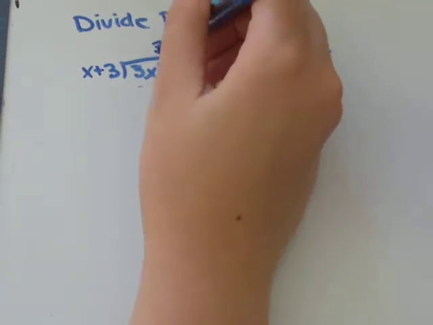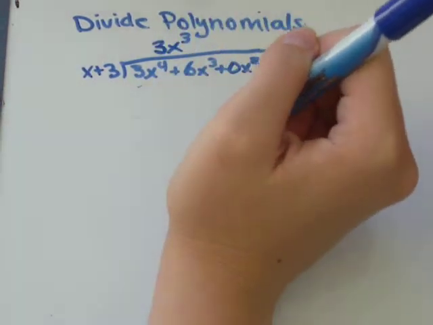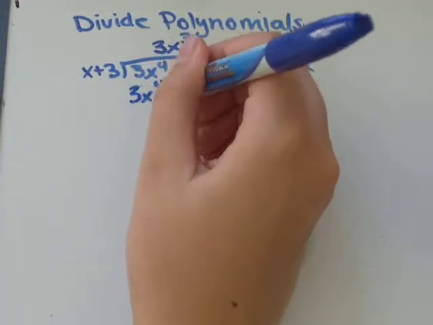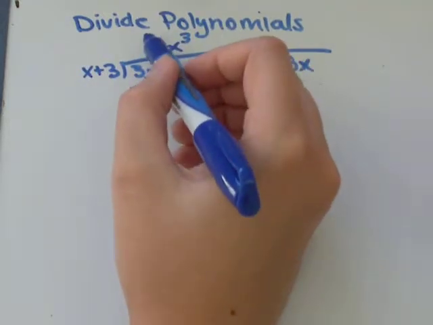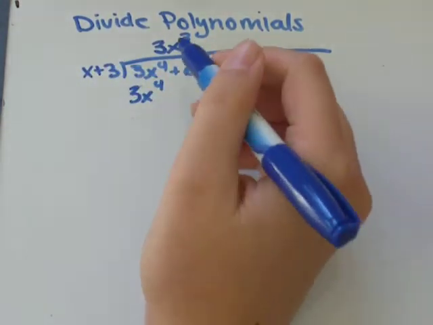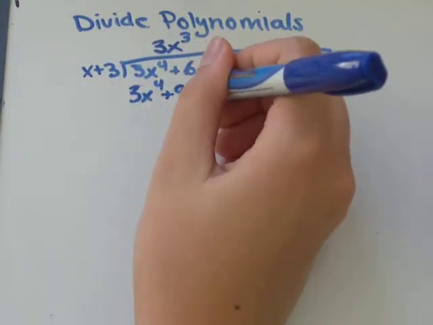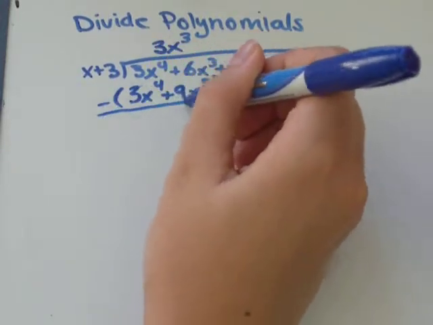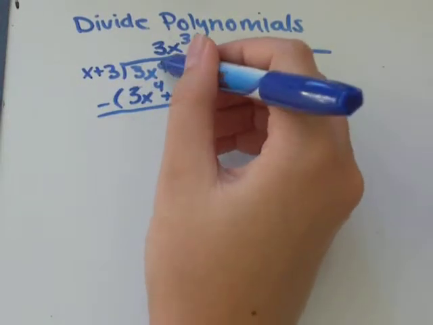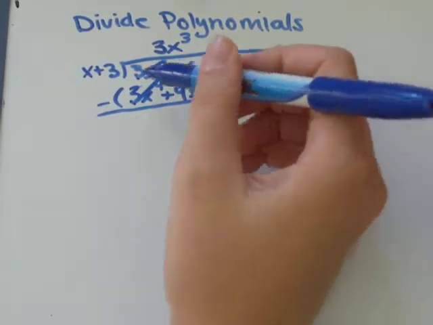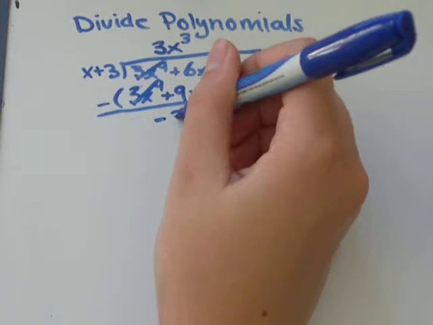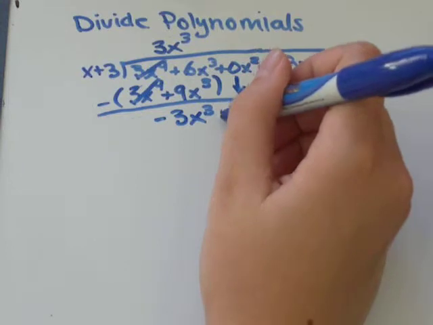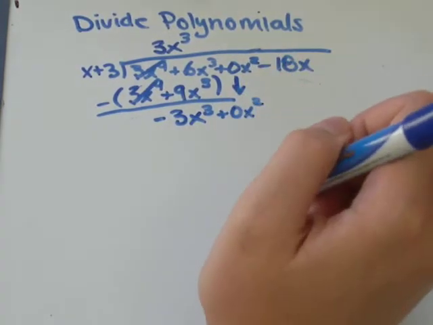Now I think if we go 3x cubed, that should work for us, because 3x cubed times x will be 3x to the power of 4. 3x cubed, we need to distribute it to our x and to our plus 3. 3 times 3 will be 9x cubed, and then you subtract. 3x to the 4 minus 3x to the 4, those cancel. 6x cubed minus 9x cubed will be negative 3x cubed. And now I bring down plus 0x squared.